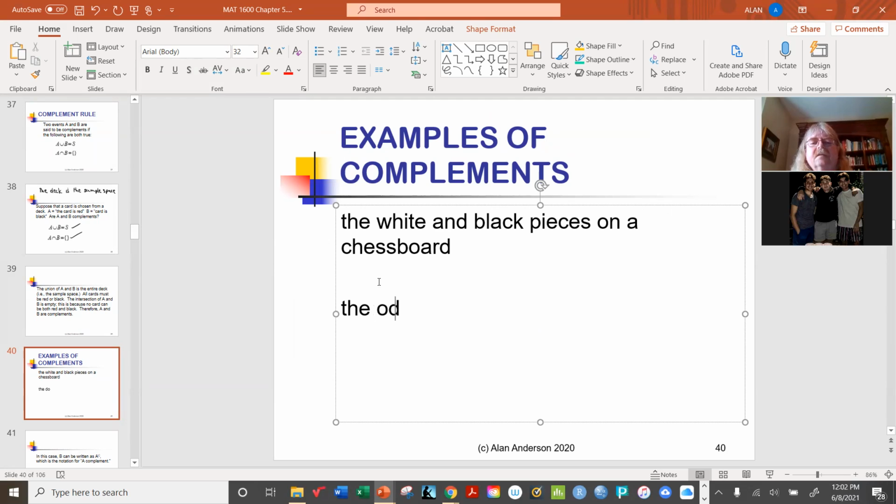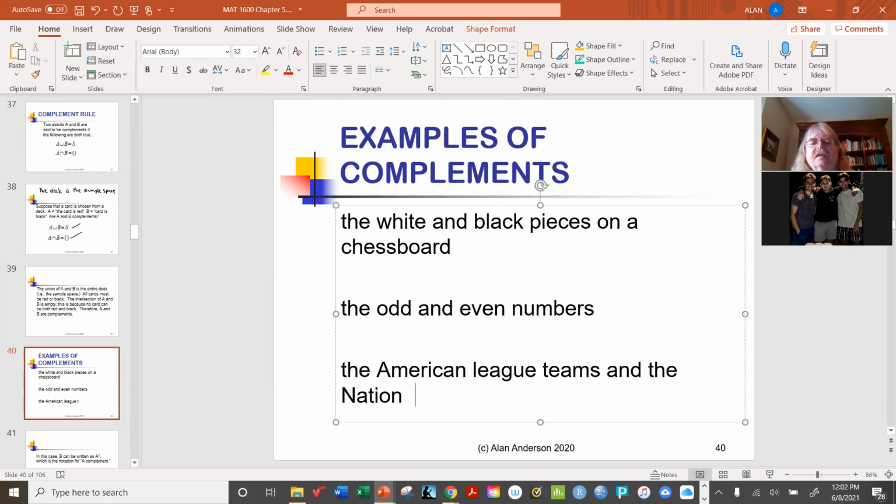The odd and even numbers. The American League teams and the National League teams. In that case, the sample space is all of Major League Baseball. All the pieces must be white or black, but none of them can be both. Odd and even numbers obviously don't intersect, but they create all of the whole numbers. And the American and National Leagues form Major League Baseball, but no teams can be in both leagues.